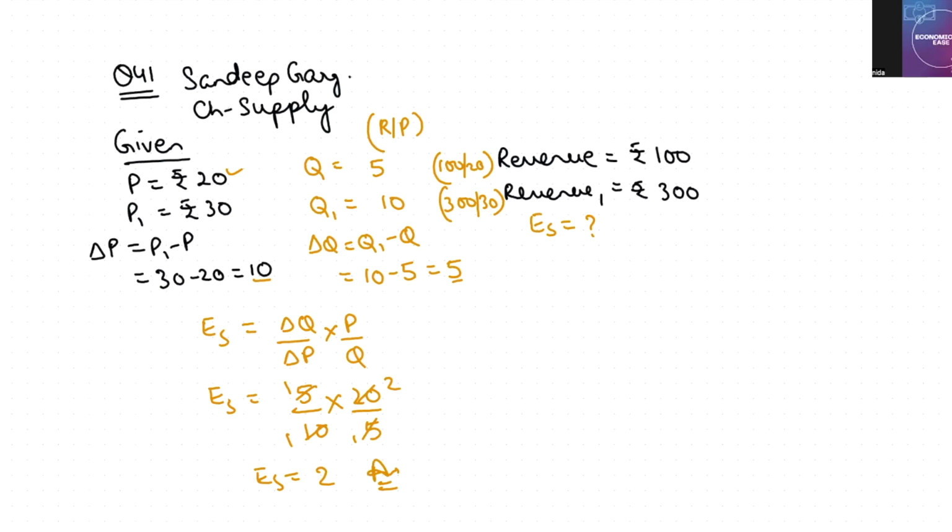Now question number 42. A firm's revenue rises. Again the revenue is given.